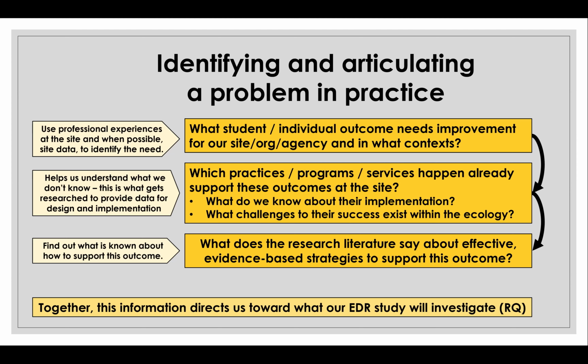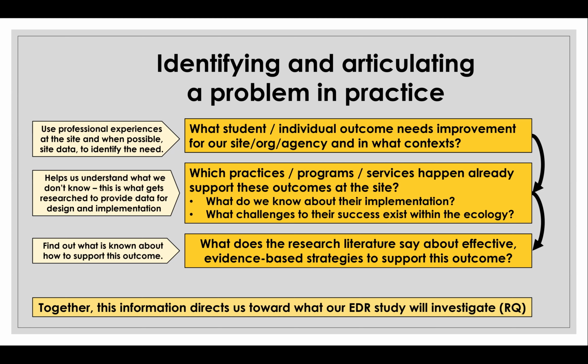Oh, I don't have that information. That's good. That is giving you a blueprint for what you're going to have to collect information on for your study. You'll collect information beyond that, but it gives you a starting point. It starts to focus you in on what you're going to need to investigate.